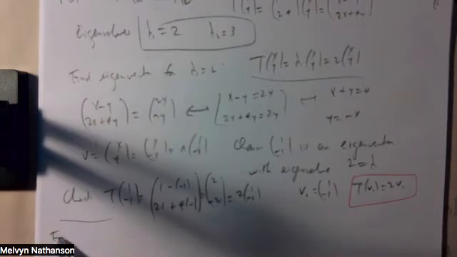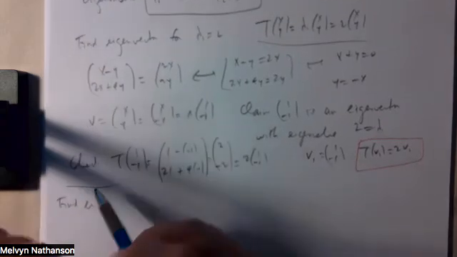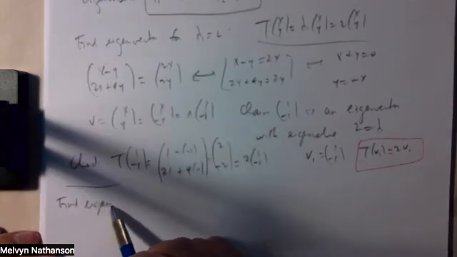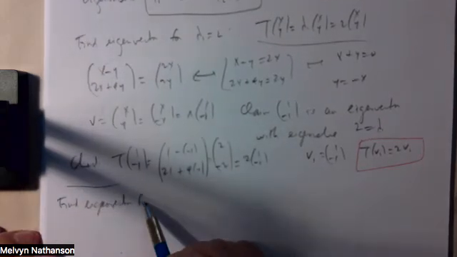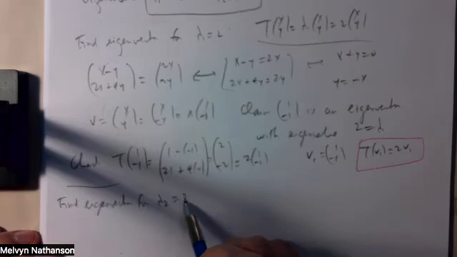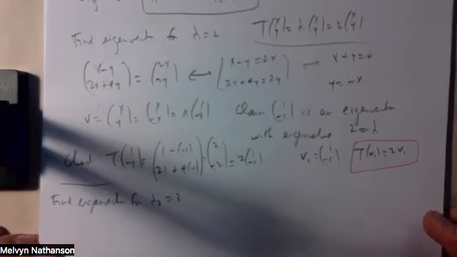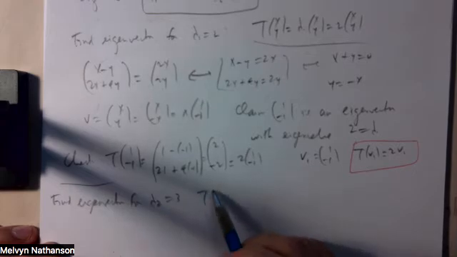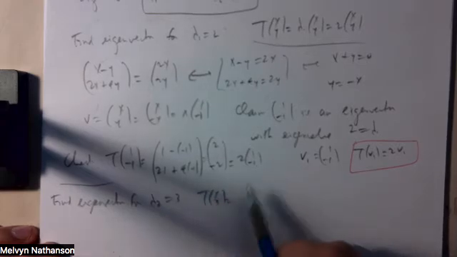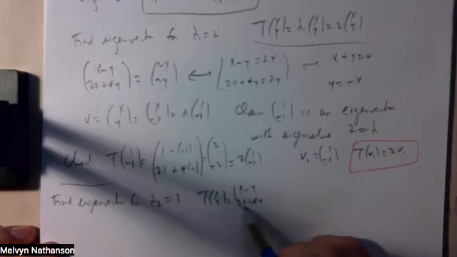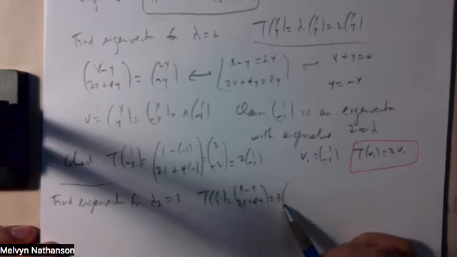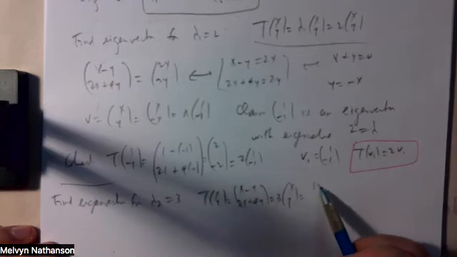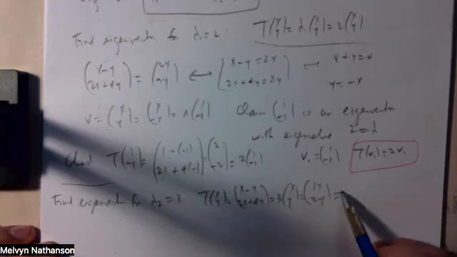Suppose I want to find an eigenvector for the eigenvalue 3. That's the second possible eigenvalue. So if T of xy is x minus y, 2x plus 4y, that's going to be 3 times the vector xy, or 3x, 3y.